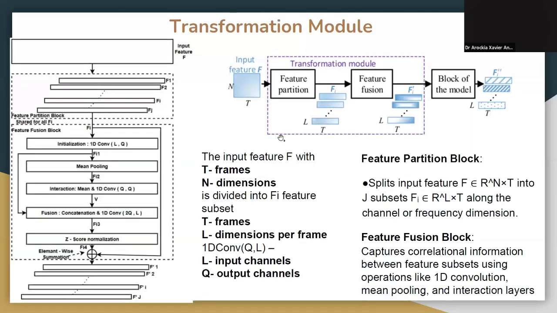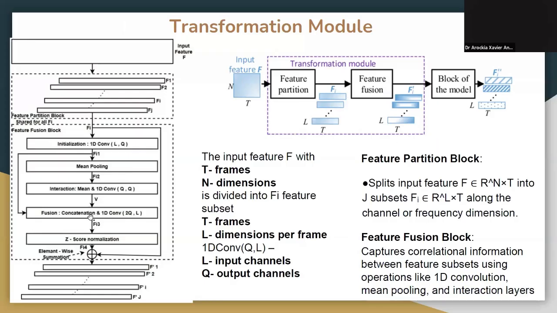So here in the transformation model, you can see that each transformation takes the input feature F with n dimensions and t frames. So this feature partitioning is divided into Fi features, so some subsets with t frames and l dimensions per frame. So within the 1D convolution, it is now given out as Q, and the input channels are given as L and Q output channels.